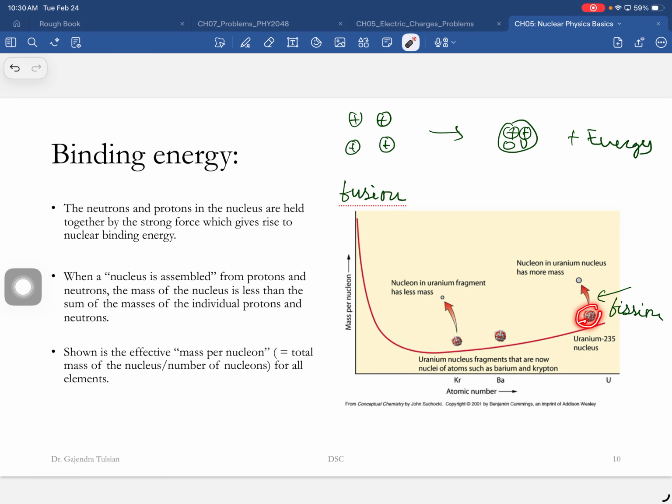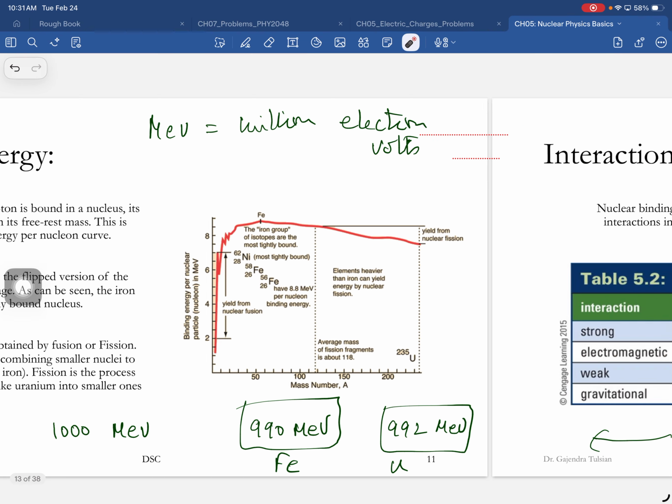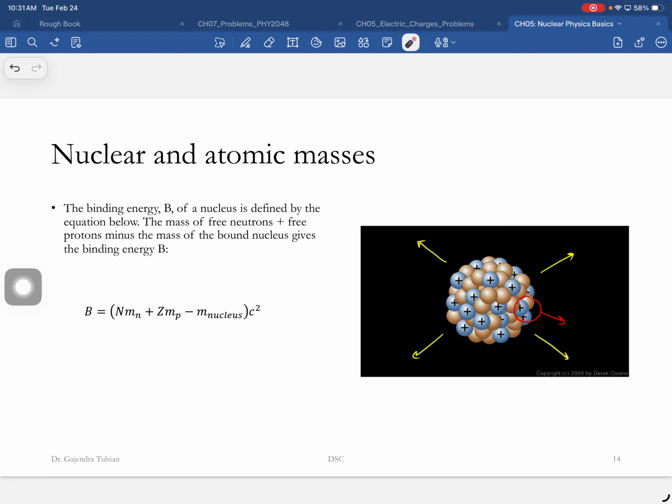So here's a nucleus. This happens in heavy nuclei: it'll spit out an alpha particle. An alpha particle is the nucleus of a helium atom. It will spit out 2 protons and 2 neutrons, which is an alpha particle, and hopefully it'll become more stable. So it went from here to here in the hopes of becoming stable.